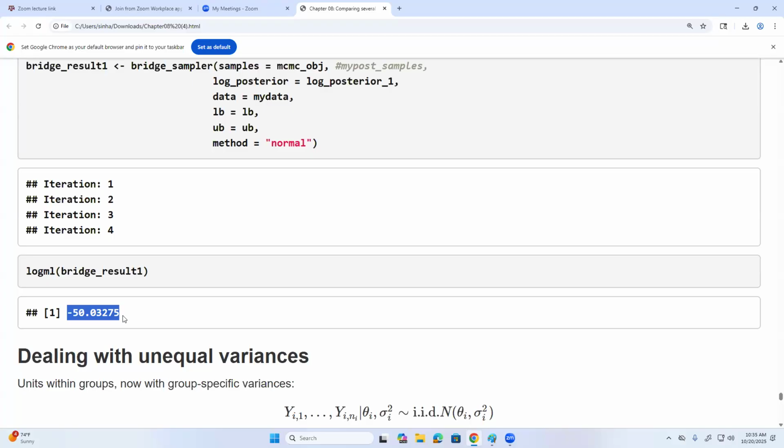E to the power minus 5 is very small, right? That means you have very strong evidence in favor of the alternative hypothesis as opposed to the null hypothesis. That means these data provide evidence that the underlying means are different.